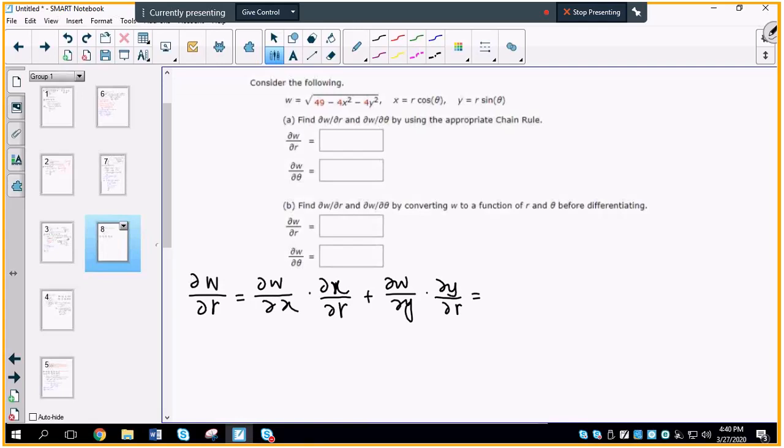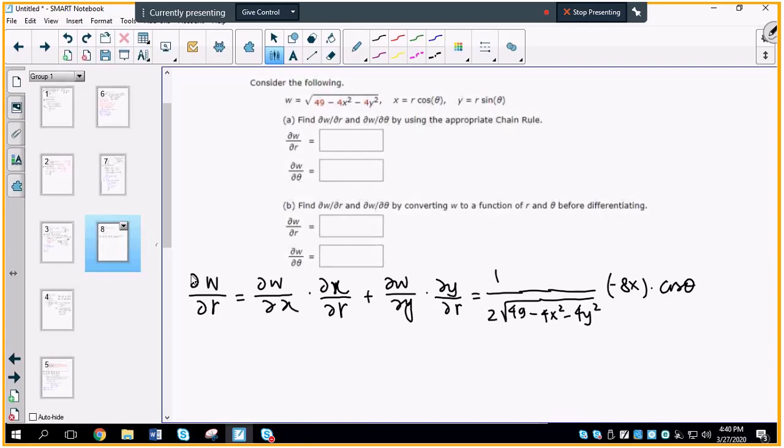So first and foremost, you will get 1 over 2 times square root of 49 minus 4x squared minus 4y squared, times the derivative of the inside with respect to x, so I'm going to get minus 8x times del x del r, and del x del r is just going to be cosine theta.